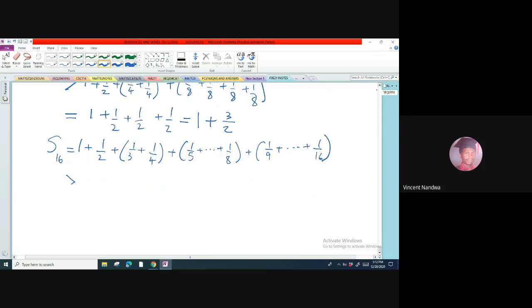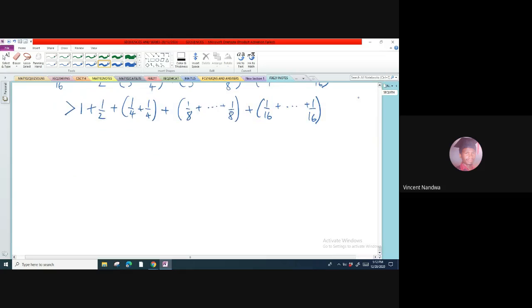So this is greater than 1 plus a half plus a quarter plus 1 over 8 plus 1 over 8 plus 1 over 16 plus 1 over 16, which is equal to 1 plus a half plus a half plus a half plus a half, which is 1 plus 4 over 2.